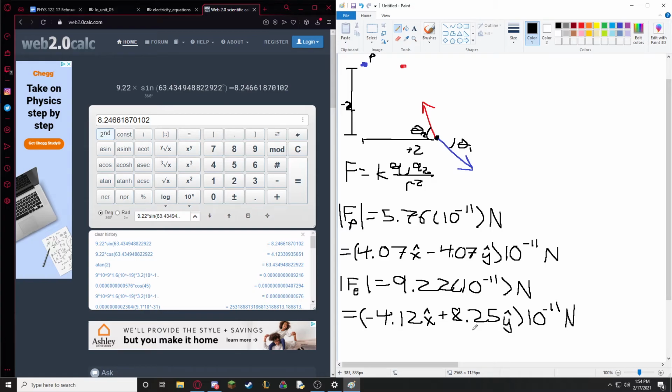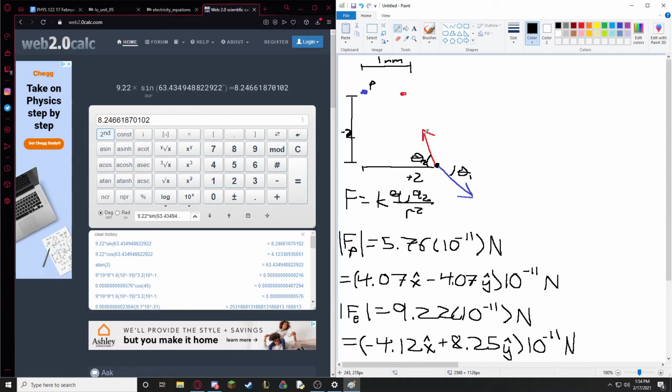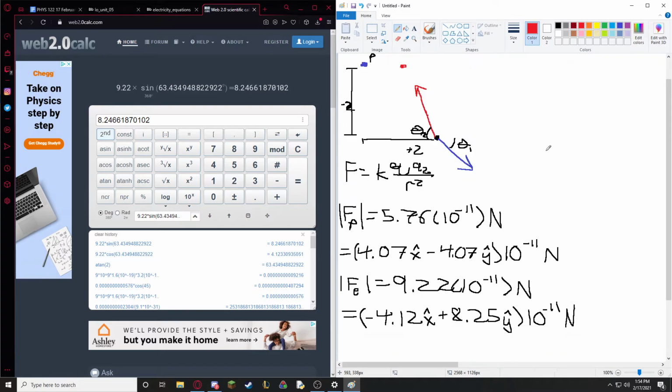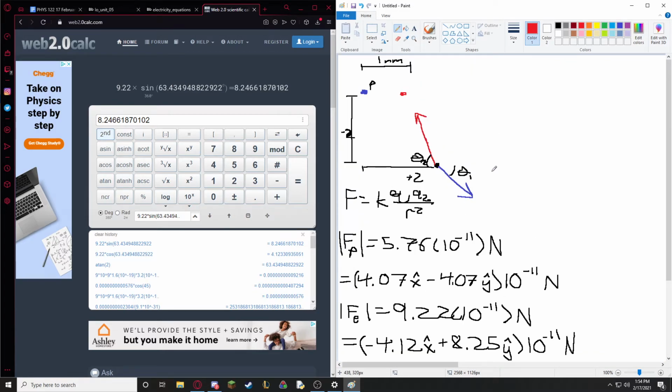Yep, exactly. We want to essentially add our two vectors here, our force due to our proton and our force due to our electron, which if I want to draw this to scale, is going to be a larger force due to the electron than the proton. So we want to add these two vectors together.